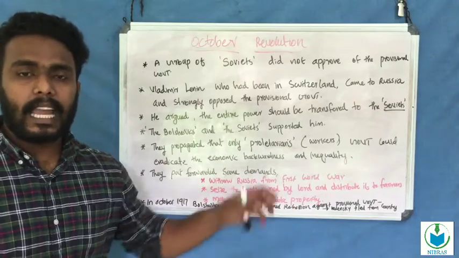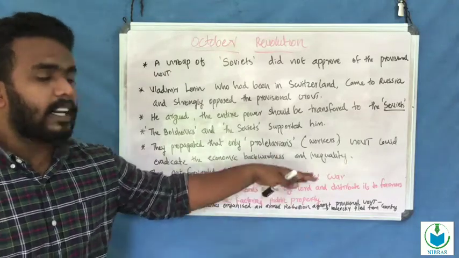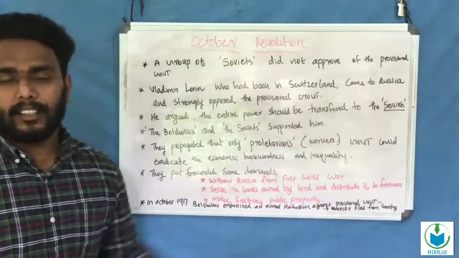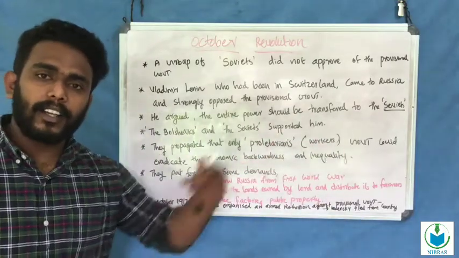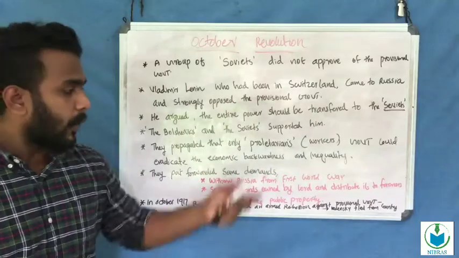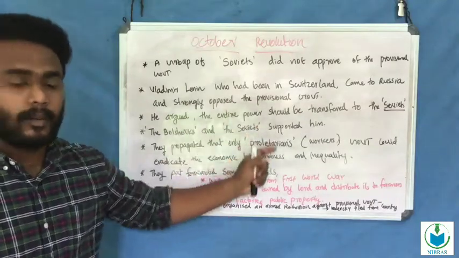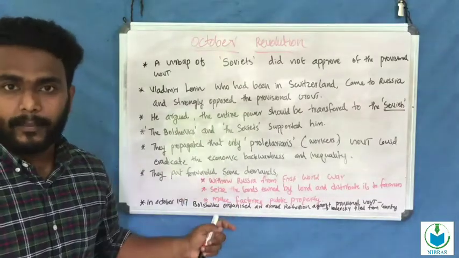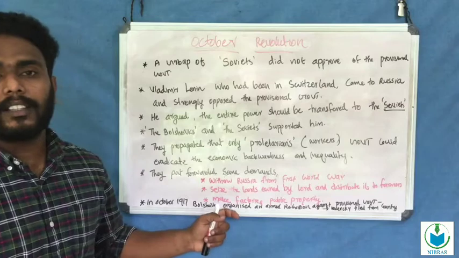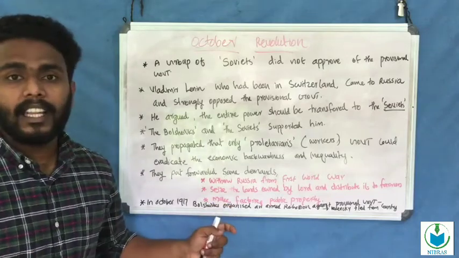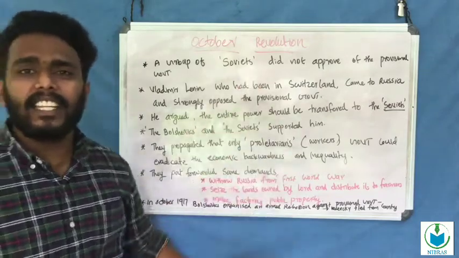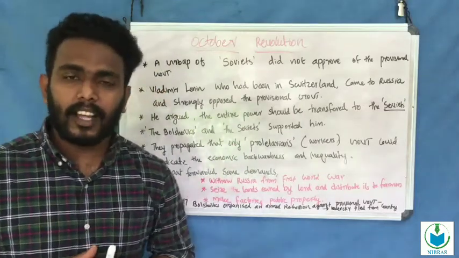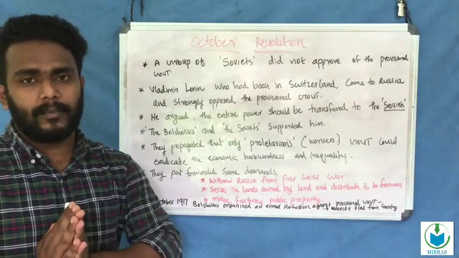After that, they captured power, and Alexander Kerensky fled from the country. So the Bolsheviks captured the power of Russia, and they began to hold the entire power in their hands. This event is known as the October Revolution.